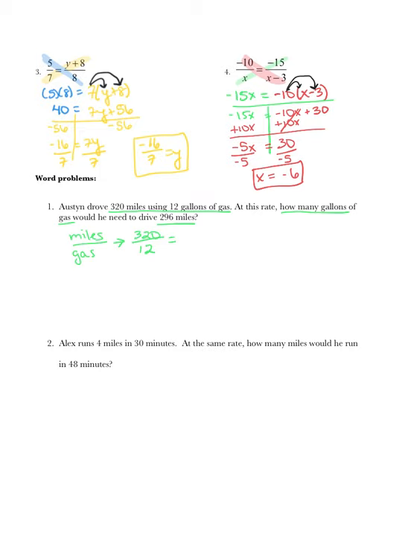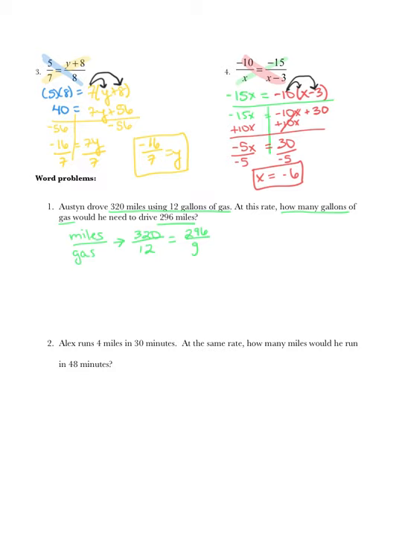Don't call it a word problem. How many gallons of gas? We don't know the gas, so I'm going to put G down here for gas, but we do know he's driving 296 miles. So now we have the problem set up.